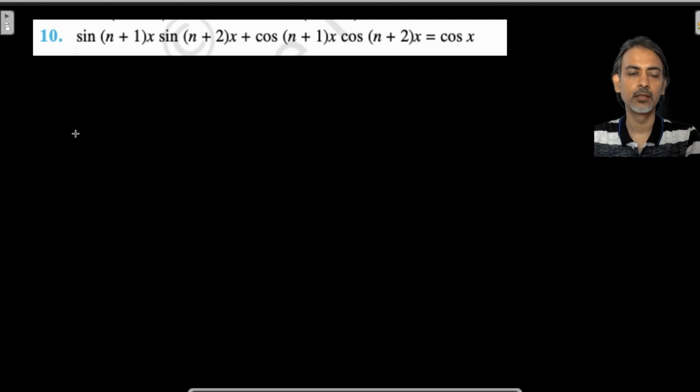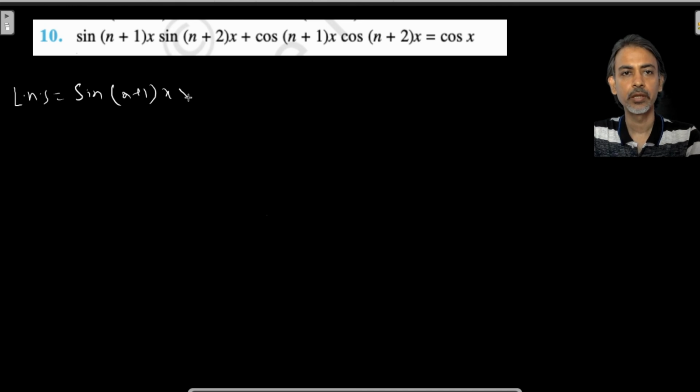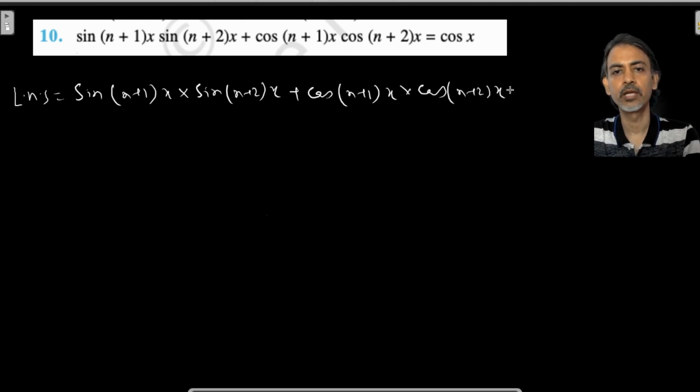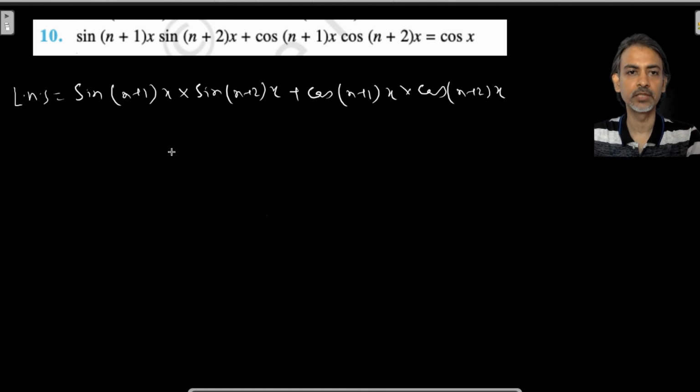Alright, so this is my next problem and the last problem of the day. So this is my LHS. This is sine of (n plus 1) into x into sine of (n plus 2) into x plus cos of (n plus 1) into x into cos of (n plus 2) into x. Alright, this is what has been given to us.